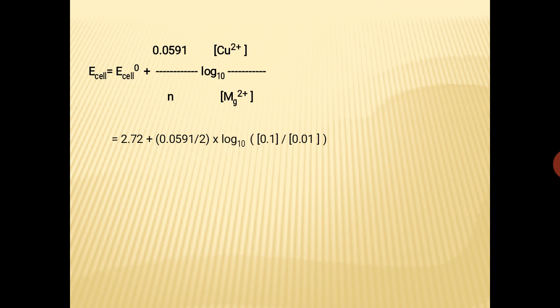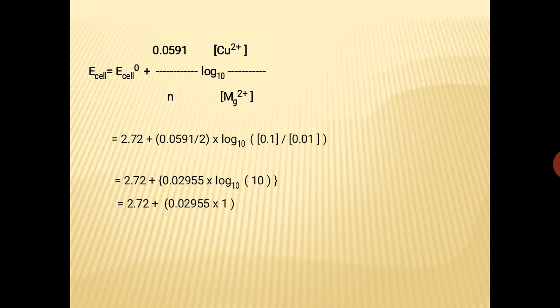Next is simplification. First we divide 0.0591 by 2, then simplify the log. So we get 2.72 plus 0.02955 into log of 10. How did we arrive at 10 here? 0.1 upon 0.01 is nothing but 10. The log of 10 is 1.